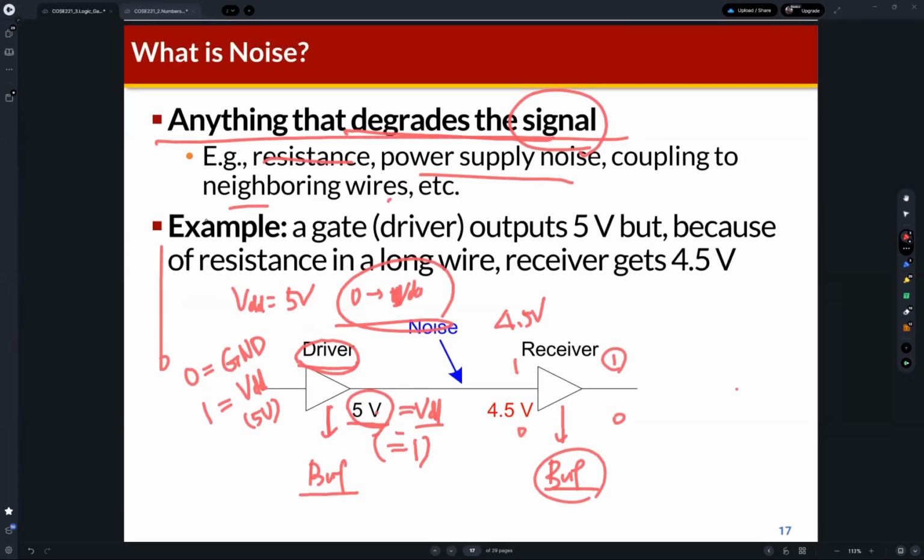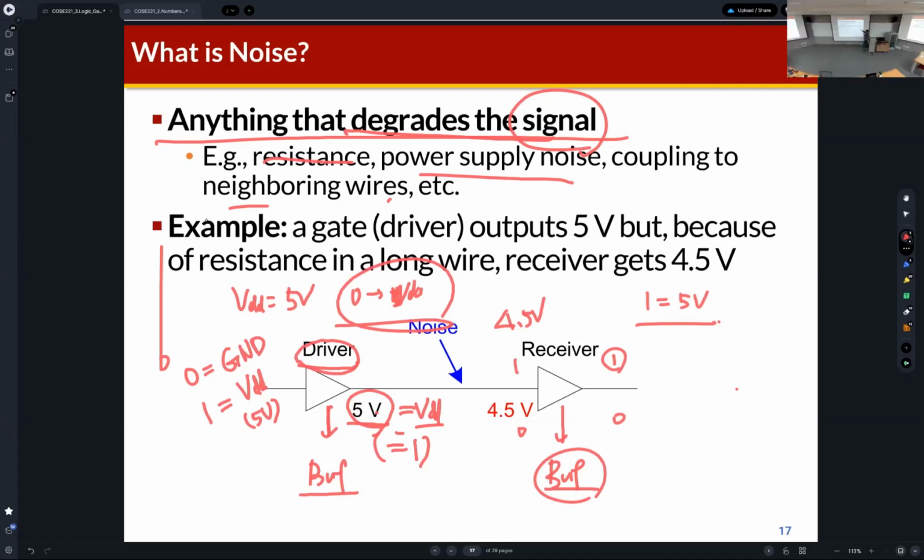We set 1 equal to 5 volt, the VDD, but this buffer received 4.5 volt. So this value is different.